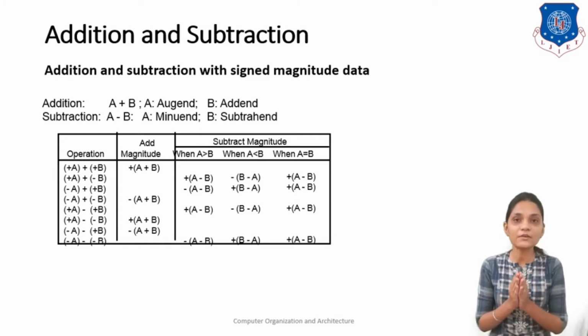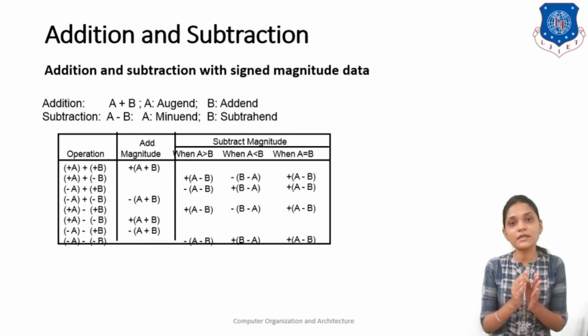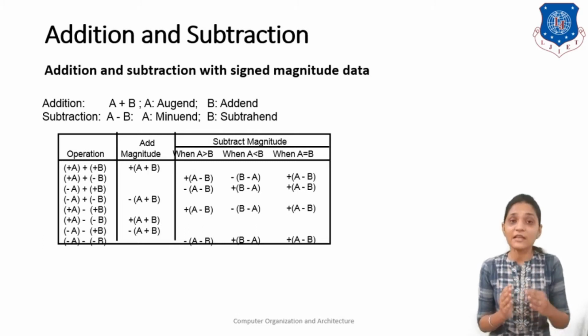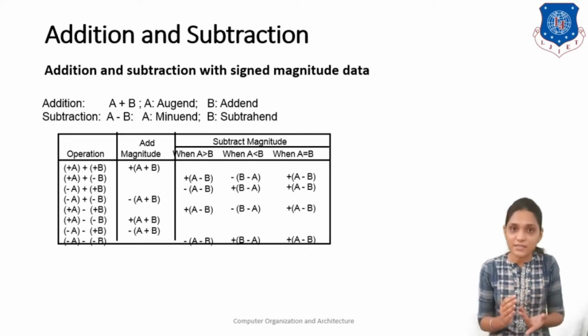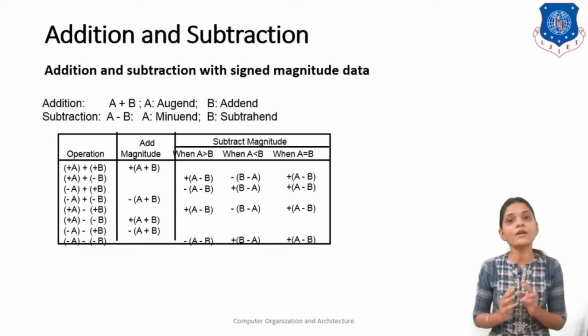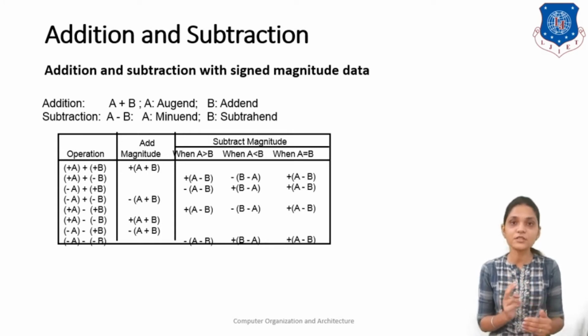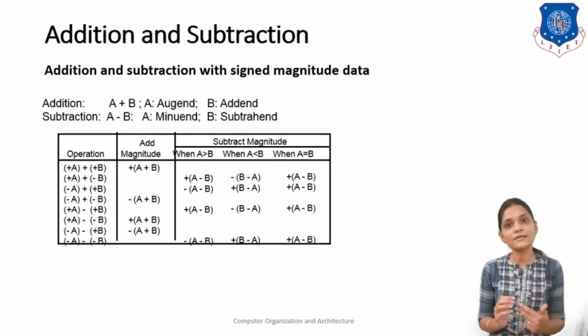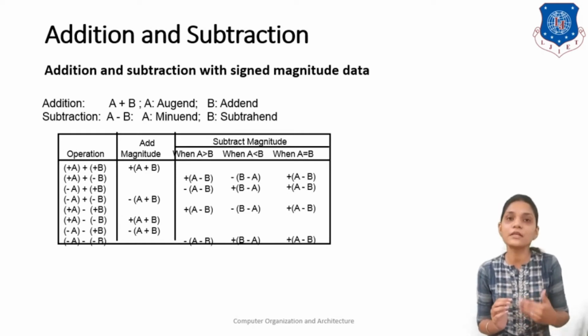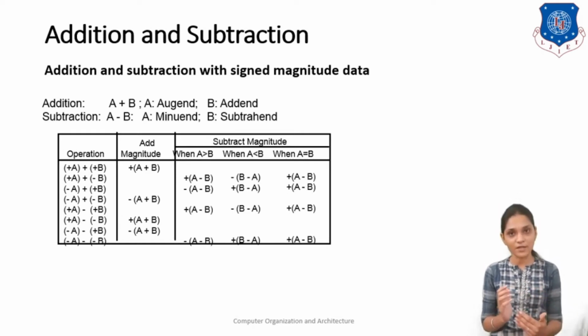Similarly, if both numbers are negative and your given operation is subtraction, then you will do the operation of addition. So it will depend upon two things: your numbers' sign, whether it is positive or negative, and second, the operation, whether you are given the addition or the subtraction operation.